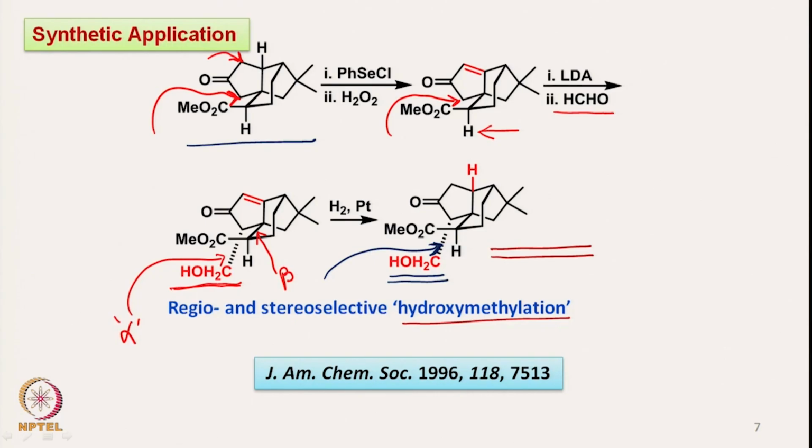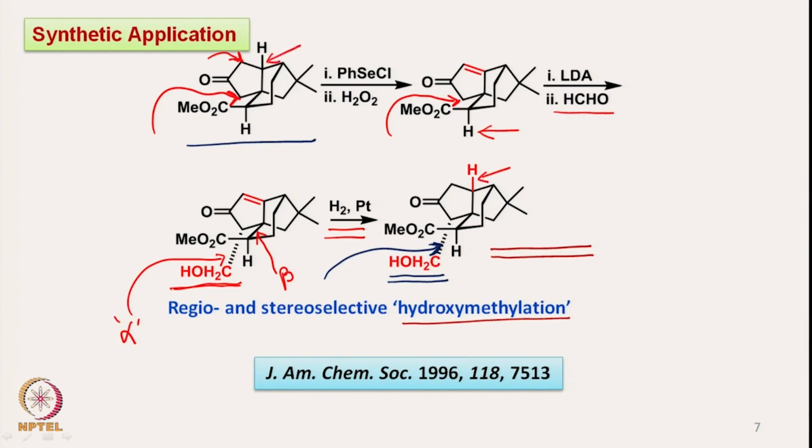Once this substitution of the CH2OH group has occurred at the alpha position next to the carbonyl group, then hydrogenation is carried out with hydrogen and platinum to saturate the double bond and get back the hydrogen here, which is what was present in the beginning.